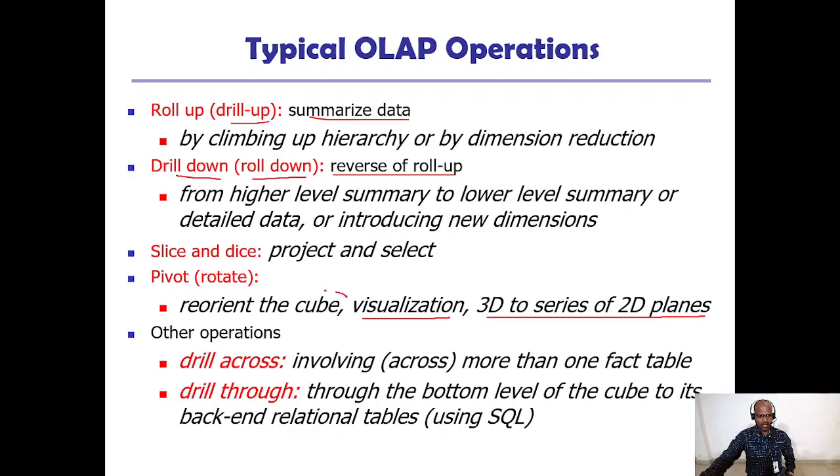We can rotate the data cube and visualize it differently. Other operations include drill across and drill through. Drill across means involving more than one fact table. Drill through means going from the bottom level of the cube to its backend relational data tables using SQL.